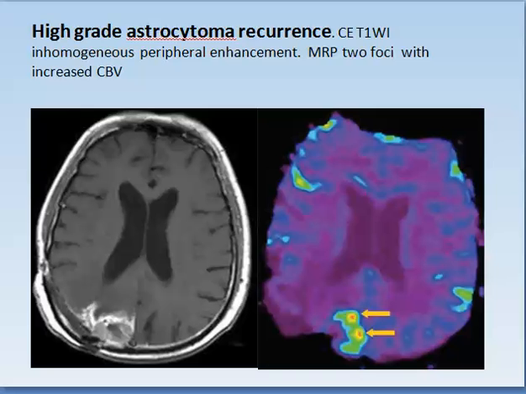High-grade astrocytoma recurrence. There is operative interference here. Inhomogeneous peripheral enhancement. Of course, this could be due to granulation if it is done late, but increasing blood within the area, as seen here, suggests that it is recurrence and not simple granulation.